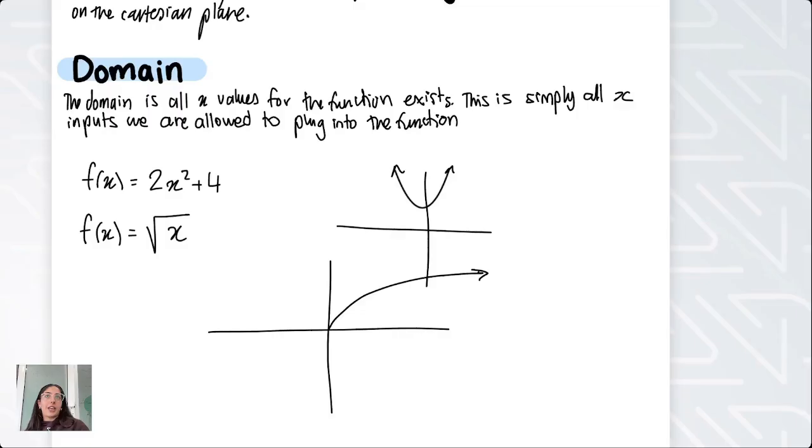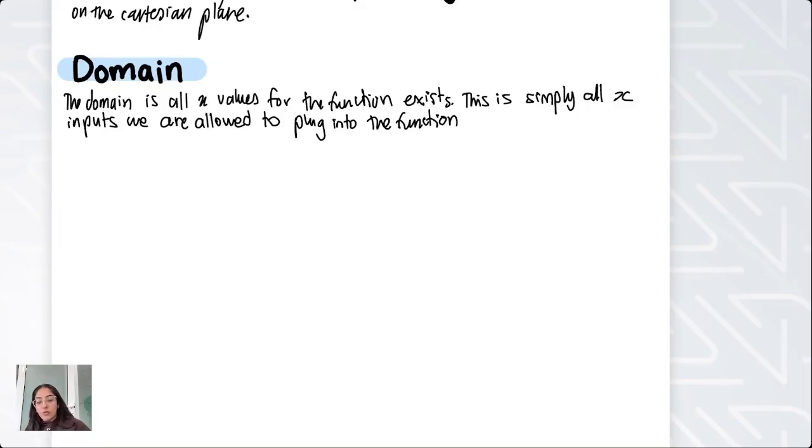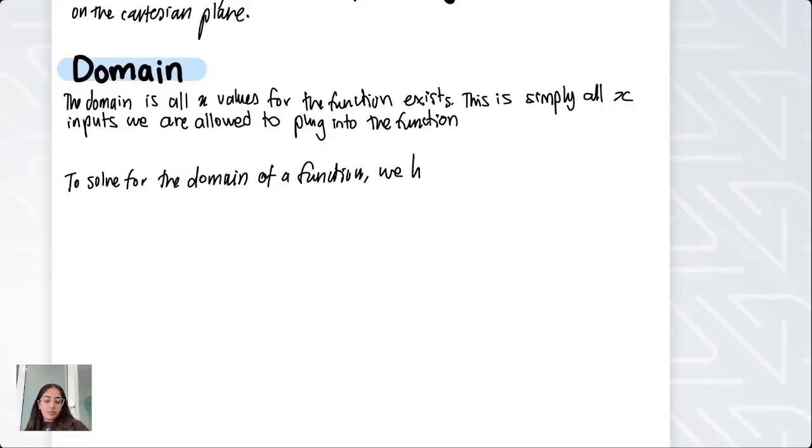If you plug it into your calculator, it will give you a math error. So essentially, to solve for the domain of a function, we have to solve for a math error.